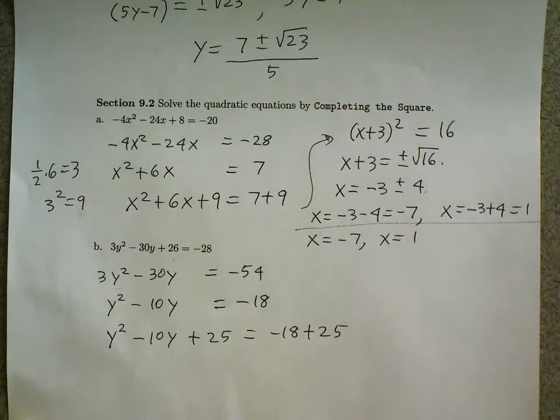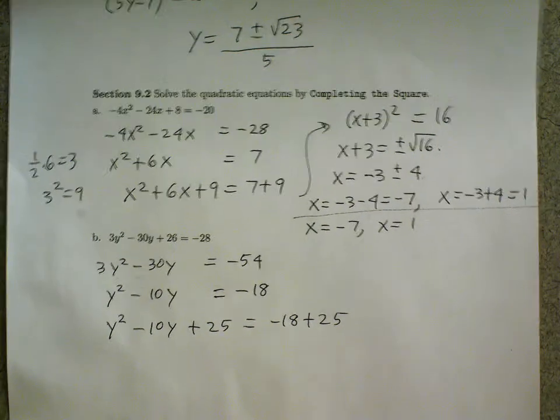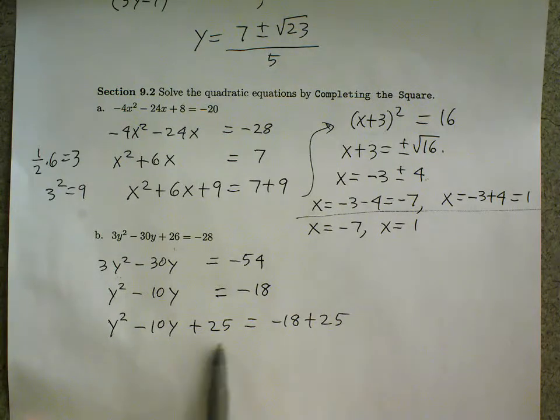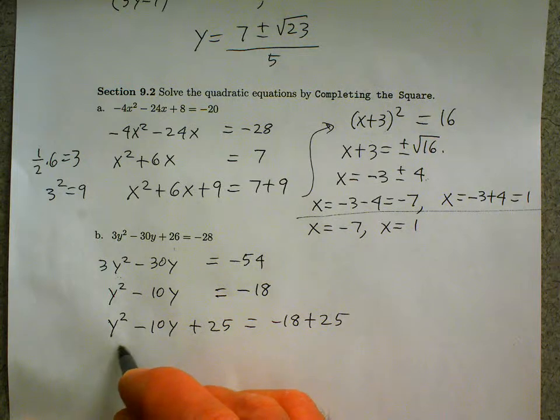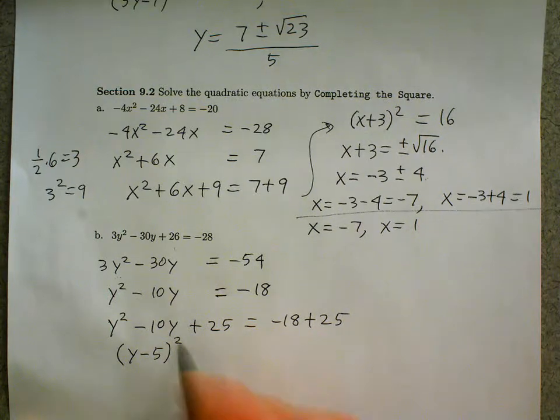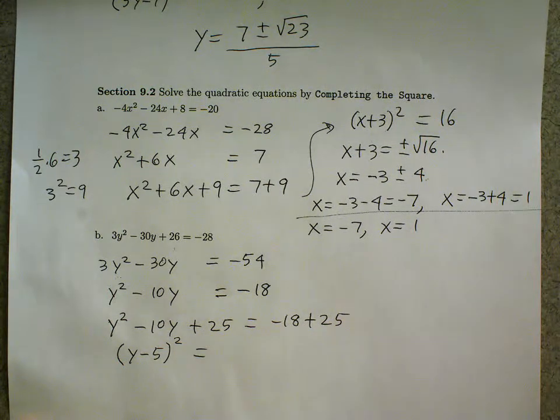The left-hand side is now a perfect square trinomial, y squared minus 10y plus 25. In factored form is y minus 5 to the second power, and the right-hand side is positive 7. And then we apply the square root property.